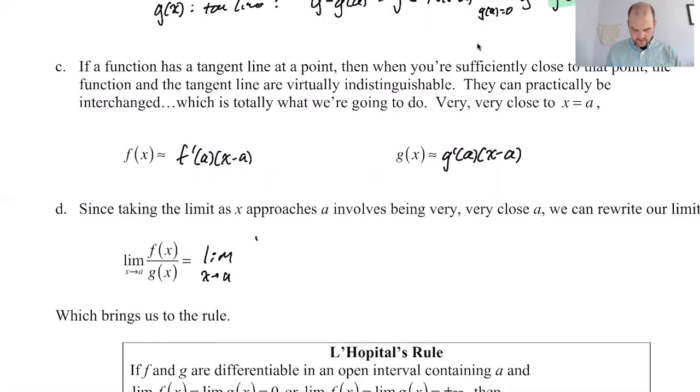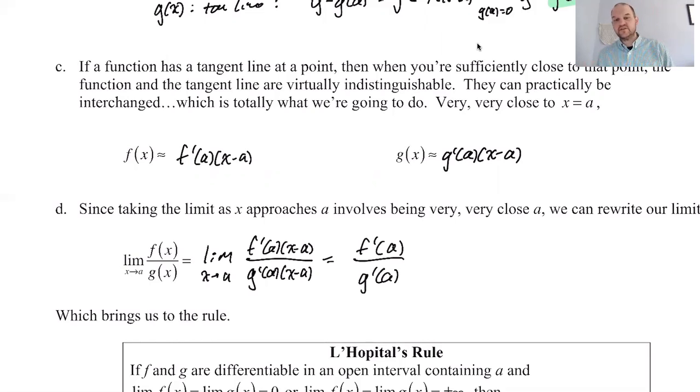Just swap them out. f prime of a, x minus a over g prime of a, x minus a. So this is just f prime of a over g prime of a, because f prime and g prime are just numbers. And we're basically done.